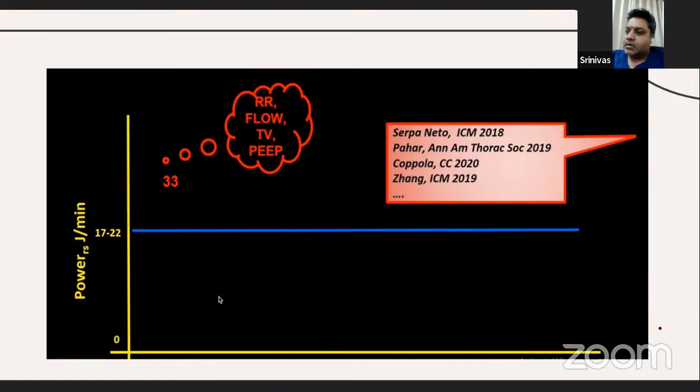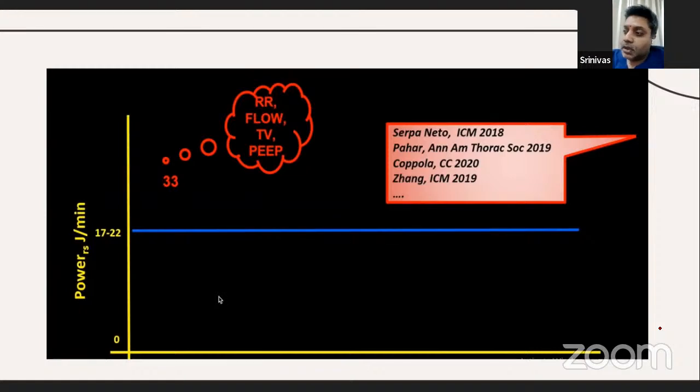We were always taught that you should match the patient's minute ventilation requirements when you ventilate patients. And in that anxiety, we have ventilated patients with respiratory rates of 30, 35. Even today, under the permissive hypercapnia approach, we put rates of 30, 35. Is that really good for the patients?